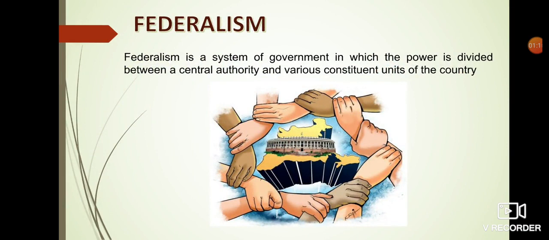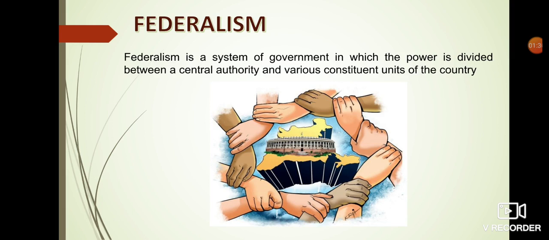Federalism is a system of government in which the power is divided between a central authority and the various constituent units of the country. Another explanation is that usually a federalism has two levels of government.